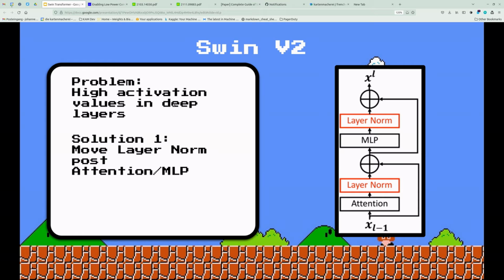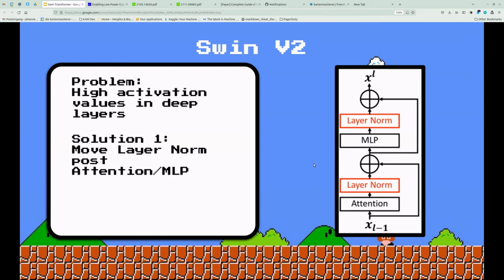So they looked at what they could do about it, how they could lower these activation values, because high activation values are just not good for training. They make it harder to train the models. We want to keep the activation values rather small to have an easier training.